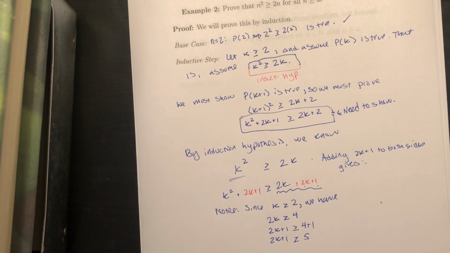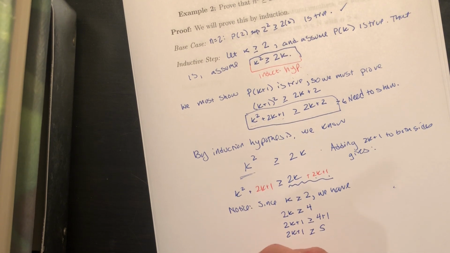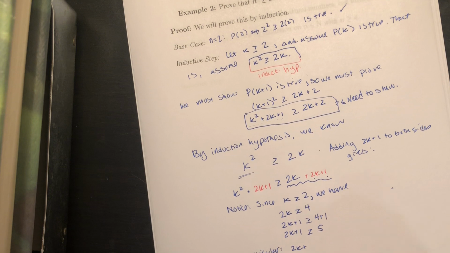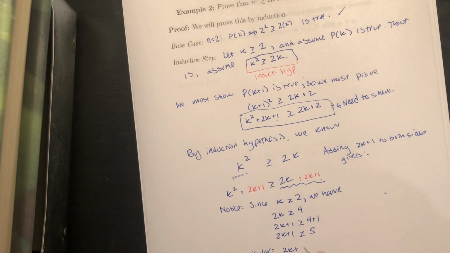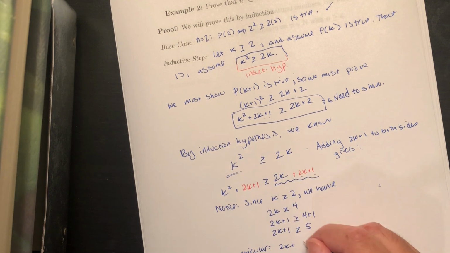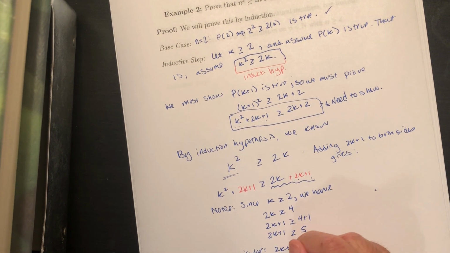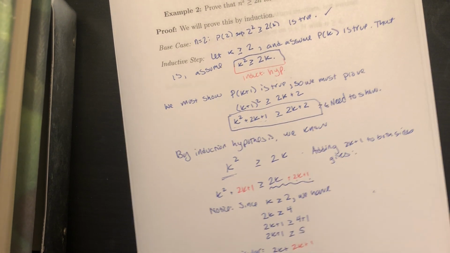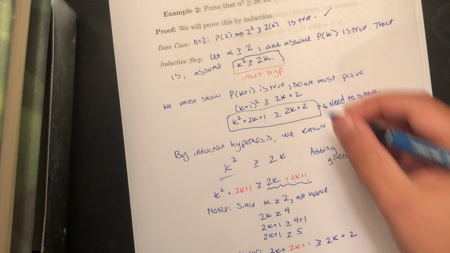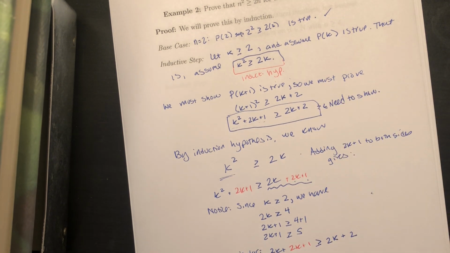So in particular, we have this right-hand side here, let me rewrite it in red just to be clear what I'm talking about, is going to be greater than or equal to 2k plus 2, what we have here.